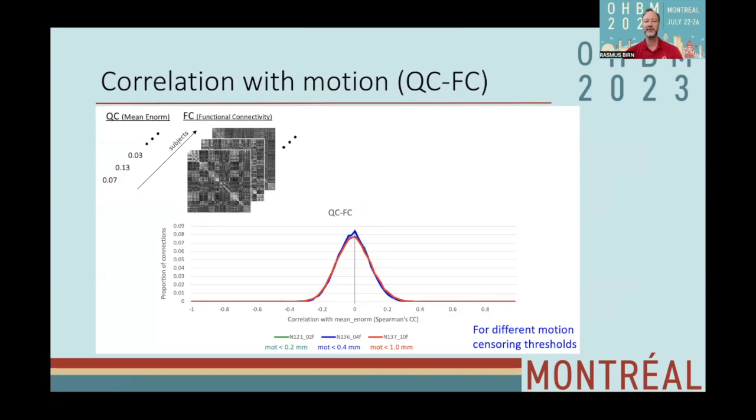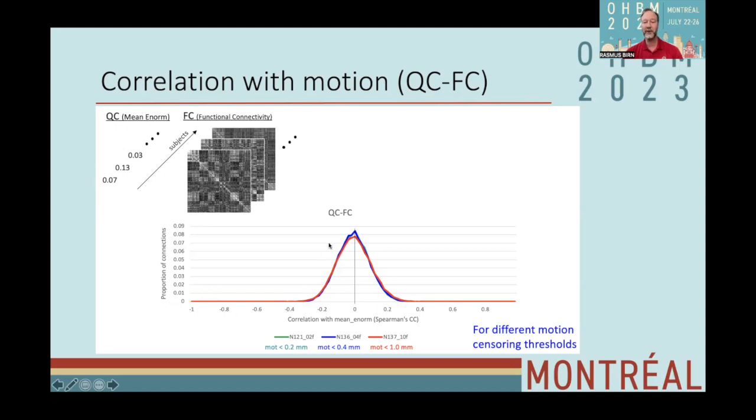Now, one common measure used to assess the impact of motion within the group is to calculate the correlation with motion, what's called the QCFC metrics. That is, you take the quality control metric, in this case, the mean Euclidean norm for each subject, and you take the functional connectivity matrix for each subject, and then you calculate the correlation of each connection with this quality control metric.